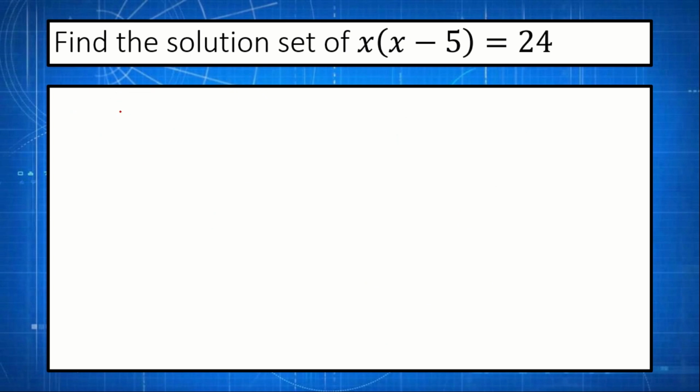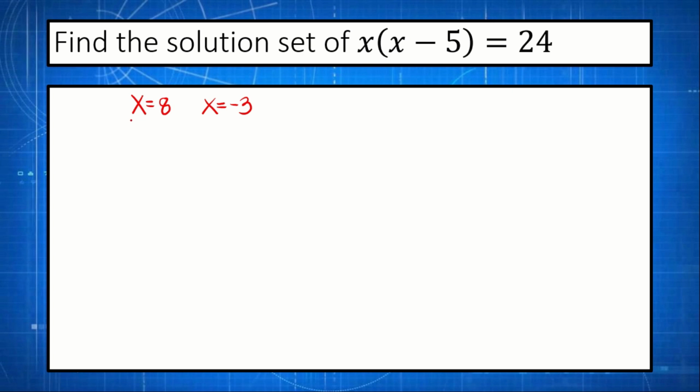So after we get the roots of the quadratic equation, we will now check the values of the variables obtained by substituting each in the original equation. So going back to our roots, we have x is equal to 8 and x is equal to negative 3.